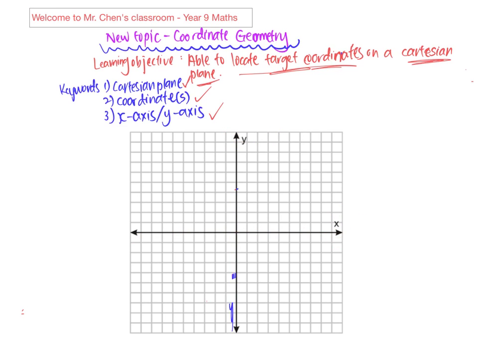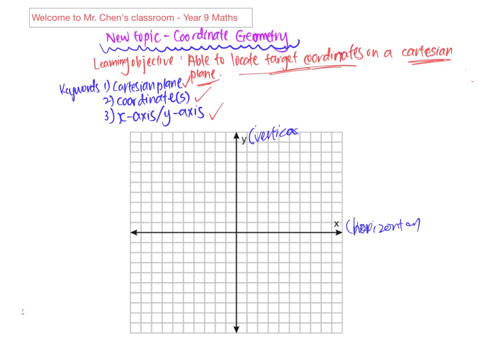Remember, the vertical one is y and the horizontal one is x. It will never change. You don't use other letters to represent them. You just remember it's x on the horizontal, and y on the vertical.